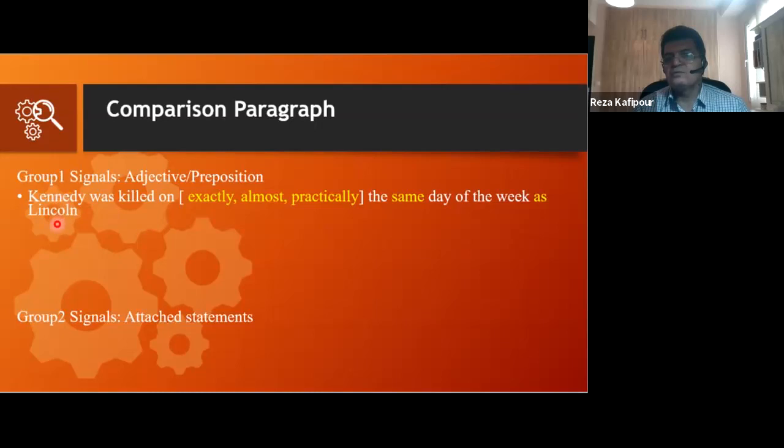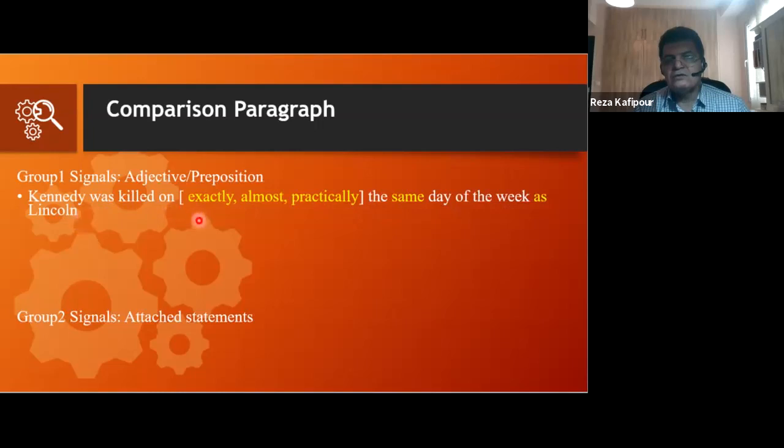So if we want to write a sentence talking about similarities between Kennedy and Lincoln as two US presidents, for example, we should write it in this way. We are going to discuss this point that both presidents were killed on the same day of the week. So we say Kennedy was killed on exactly or almost or practically, based on the degree of comparison we are going to show, the same day of the week as Lincoln.